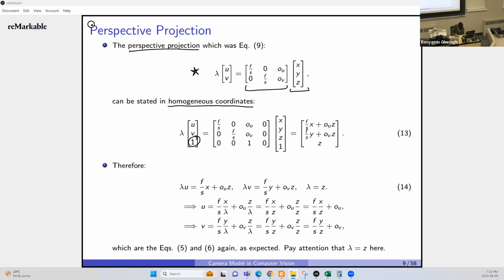Then it means that the left-hand side is 3 by 1. Therefore, the result of the right-hand side should be 3 by 1 too. So this is 2 by 1. Yes. So this times the whole thing, and then this times the whole thing. So 2 by 1. But I need to have 3 by 1.